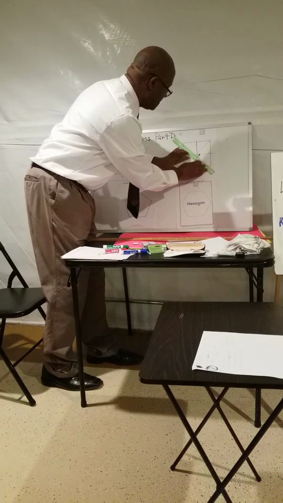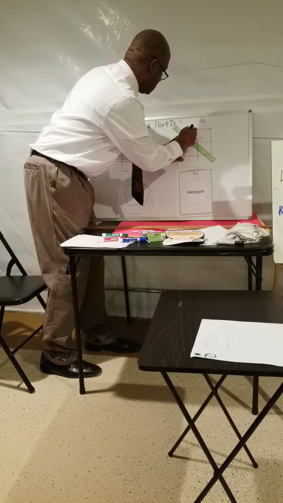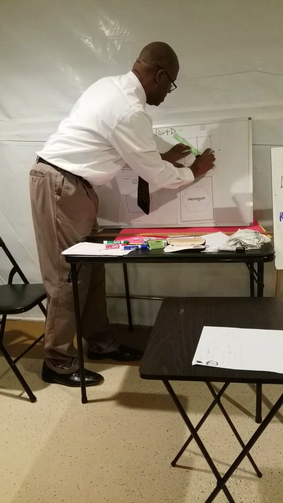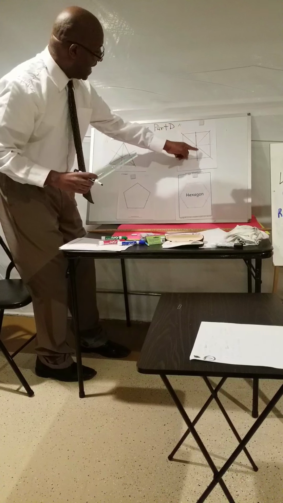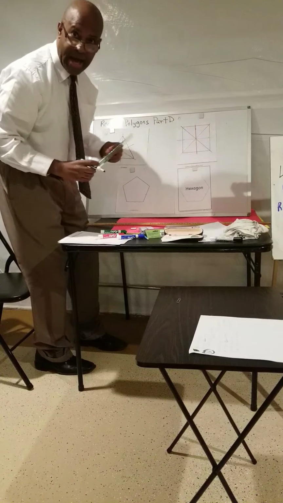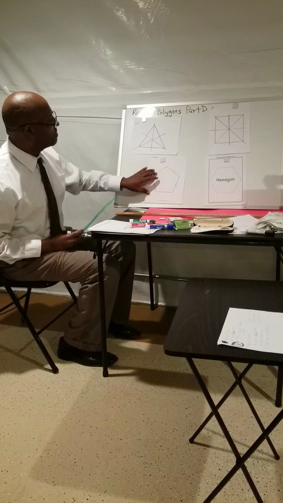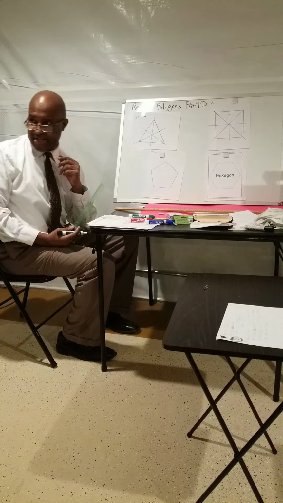If we go opposite diagonal, now we have an opposite diagonal. That black line is a line of symmetry. Top and bottom are line symmetric. The triangle has three.